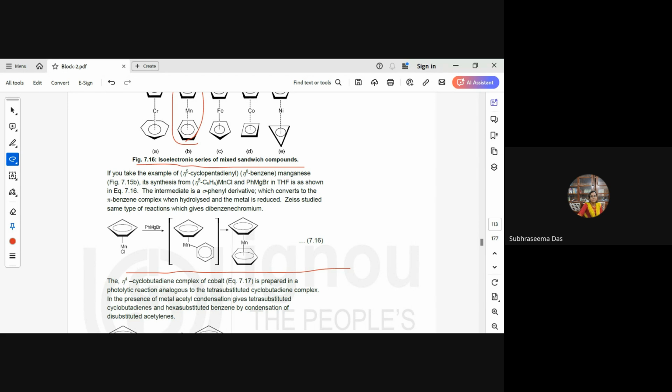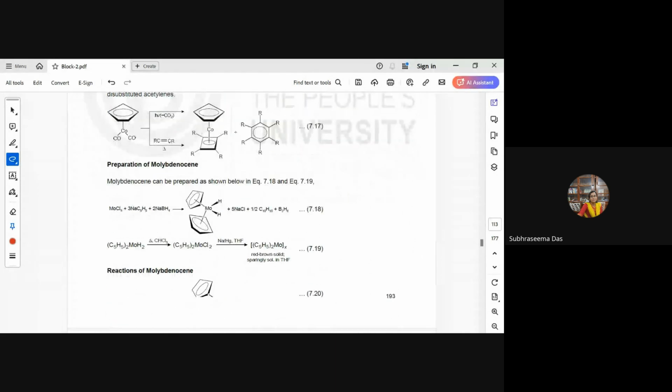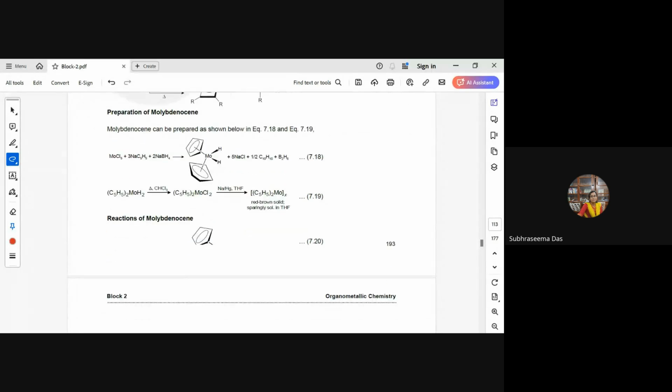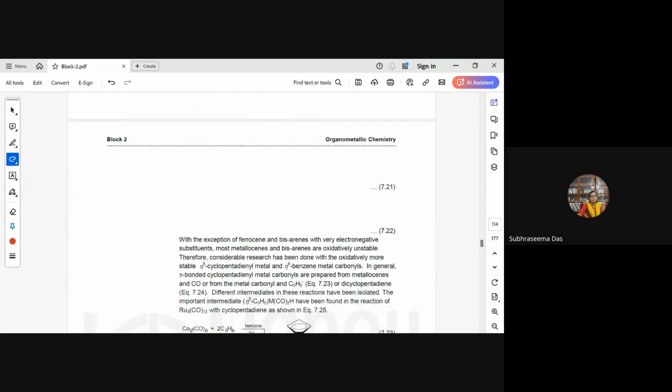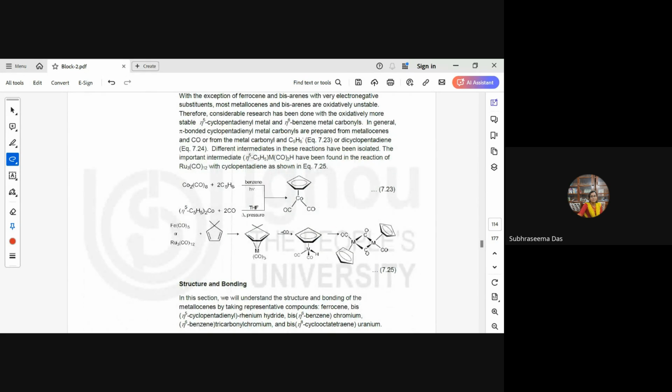Zeiss studied this type of reaction using dibenzene chromium, represented in figure 7.16a. Then coming to the preparation of molybdenocene. Molybdenocene can be prepared by the reaction shown in equations 7.18 and 7.9. Molybdenocene reacts with the exception of ferrocene. Some of the common reactions are given in equations 7.23 and 7.25.